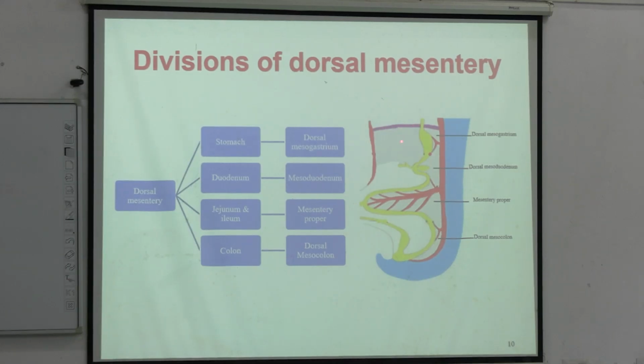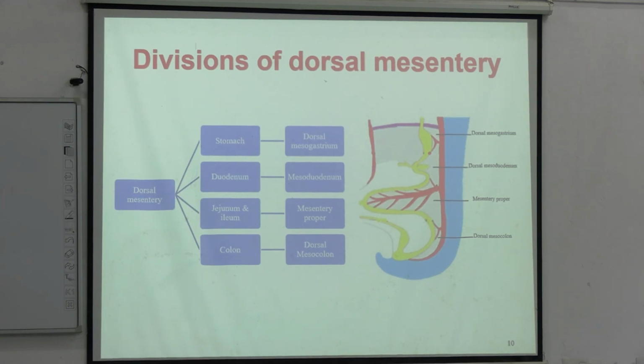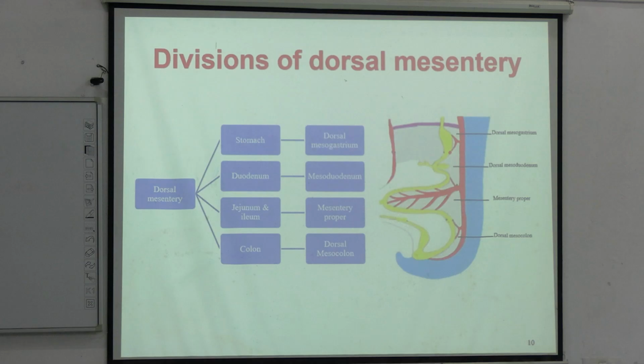So, only in the foregut region do we have this ventral mesentery, and the rest do not have it. This is the difference in terms of the mesentery, ventral mesentery and dorsal mesentery. Now, out here we focus on the ventral mesentery first, because we will deal with the dorsal mesentery later on.